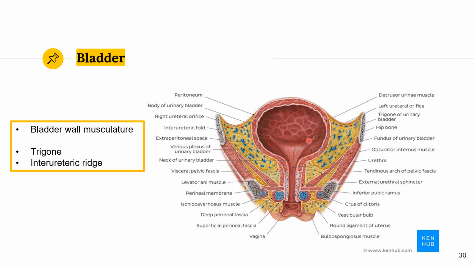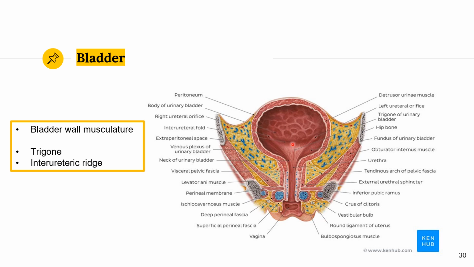It is a triangular area in the bladder base and has a flattened appearance with a smooth epithelial covering. The corners of the trigone are formed by 3 orifices: the paired ureteral orifices and the internal urethral orifice.